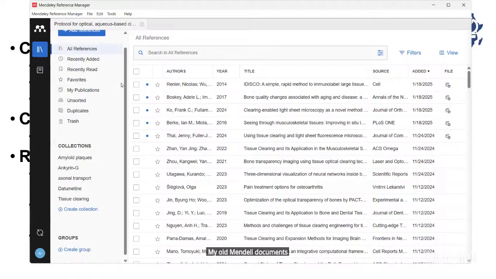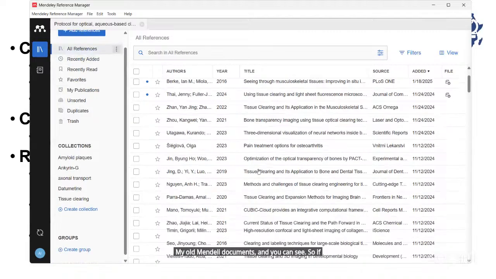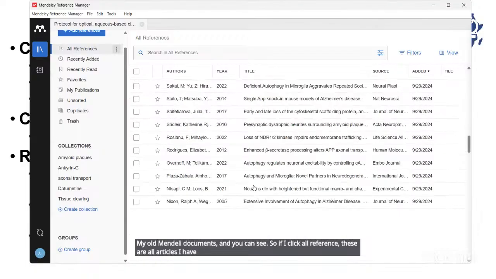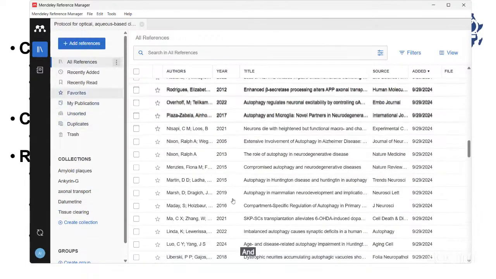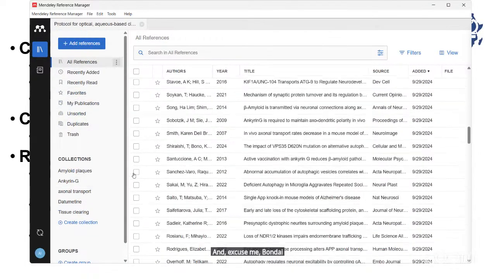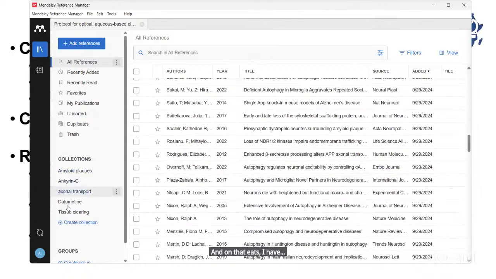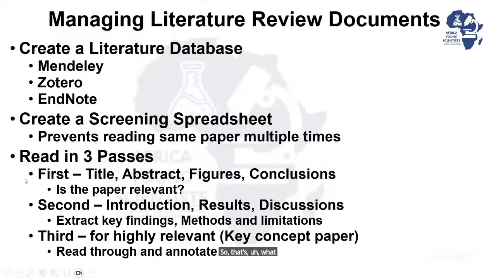If I click all references, these are all the articles I have in my Mendeley library, and under it I have them in different collections. That's what I just wanted to show. So you have to create a database, either Mendeley, Zotero or EndNote. You just have to have one of these.